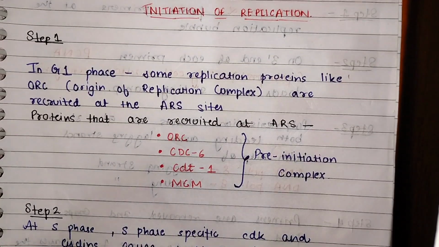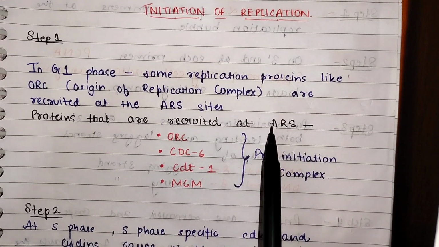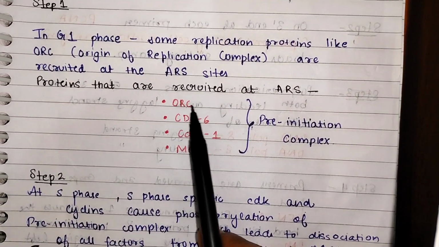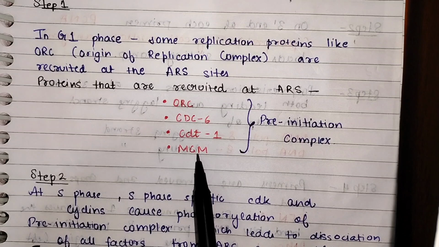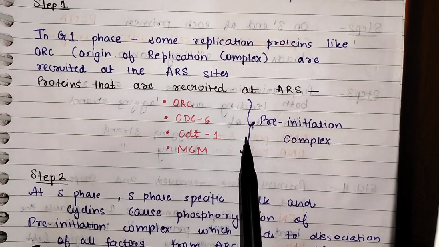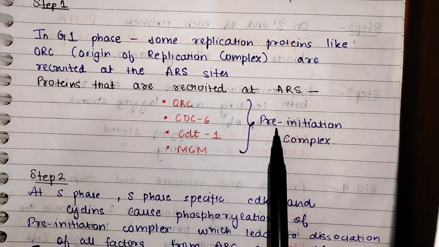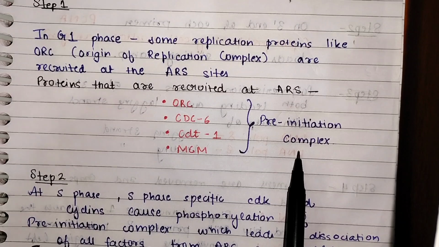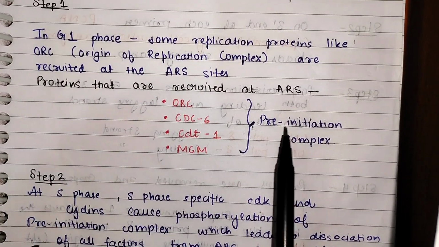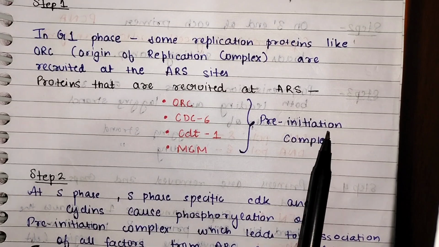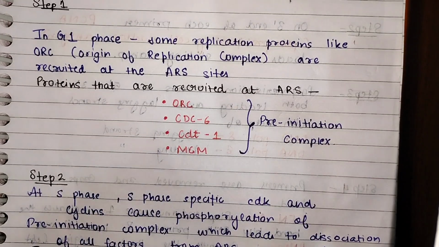And what are these proteins which are recruited at the ARS sites? These are ORC, CDC6, CDT1 and MCM. These four proteins together form the pre-initiation complex in the eukaryotes. So this is step 1, the formation of the pre-initiation complex.